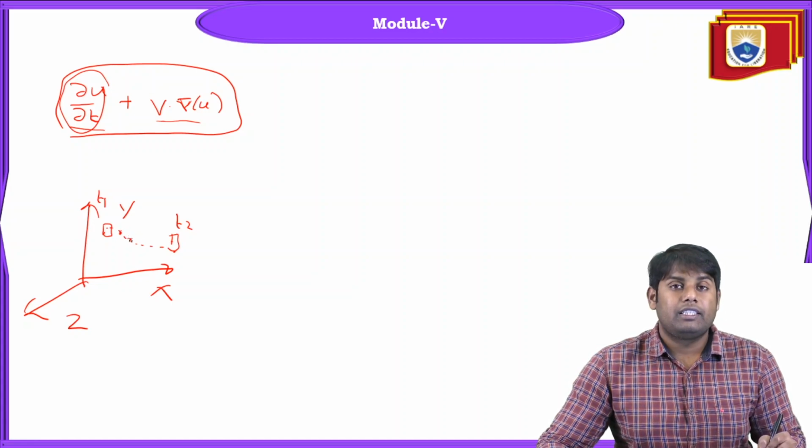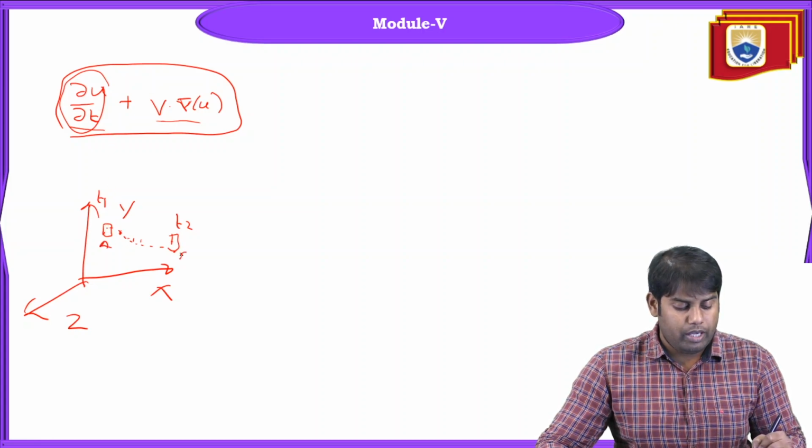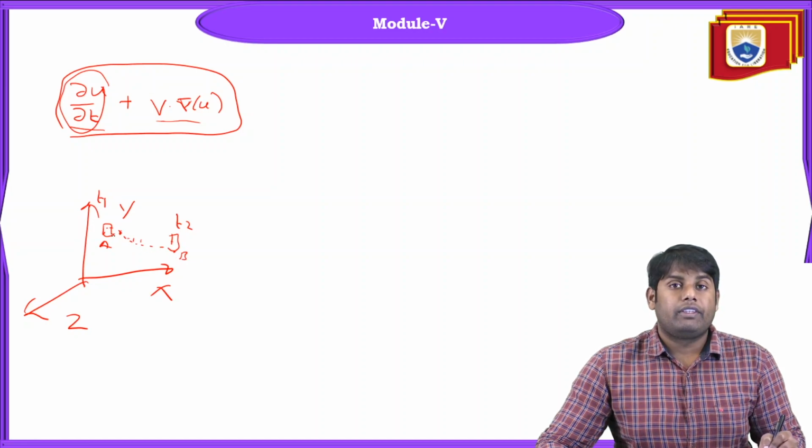Now the second term will give us the information about the acceleration with respect to space. When it is moving from path A to B, the acceleration associated with respect to the space coordinates will be given.